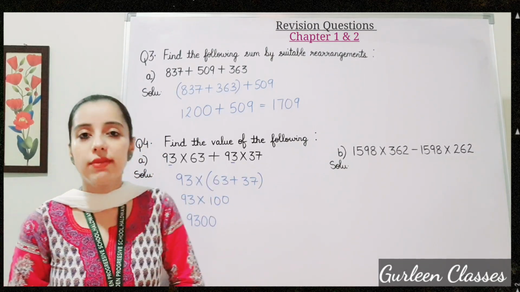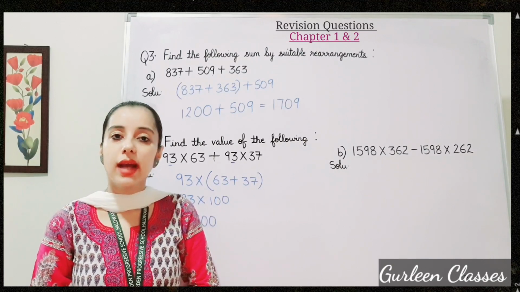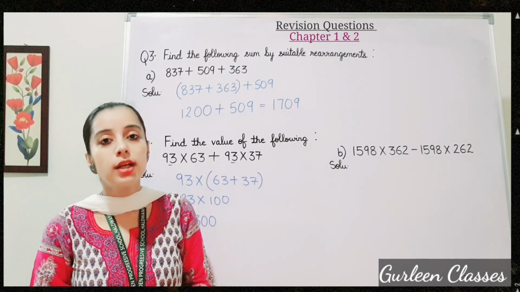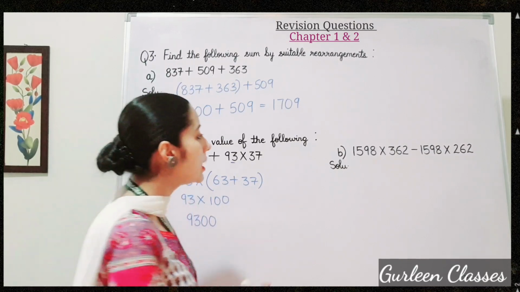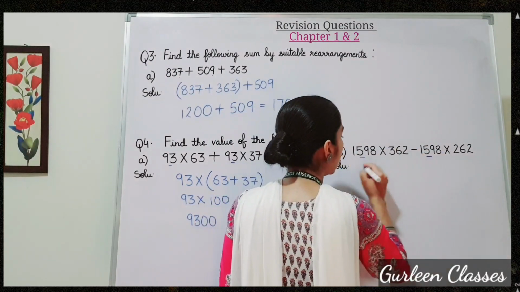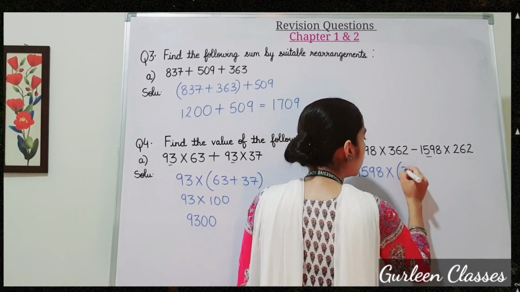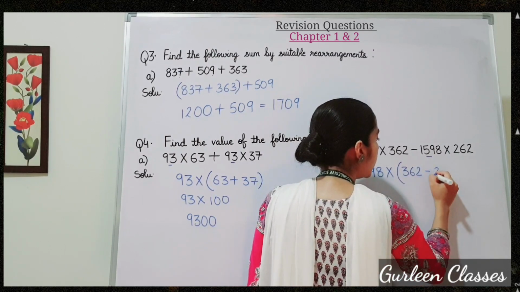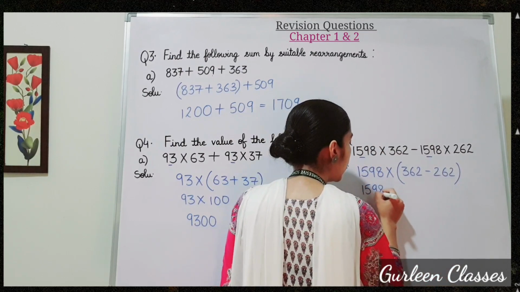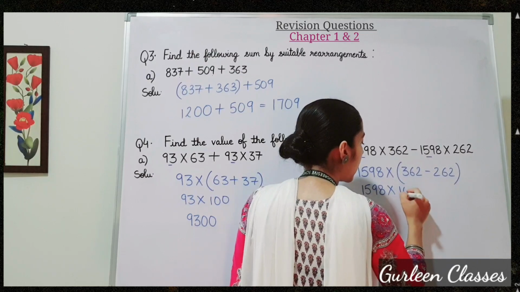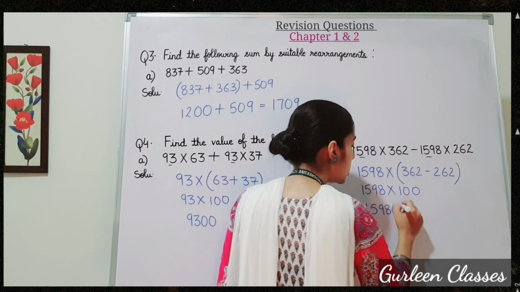B bar 1598 into 362 minus 1598 into 262. So this question is based on distributive property over subtraction. So let us see here. 1598 common. Write it outside. 1598 into 362 minus 262. So 1598 into subtract, that is 100. Answer is 159800.